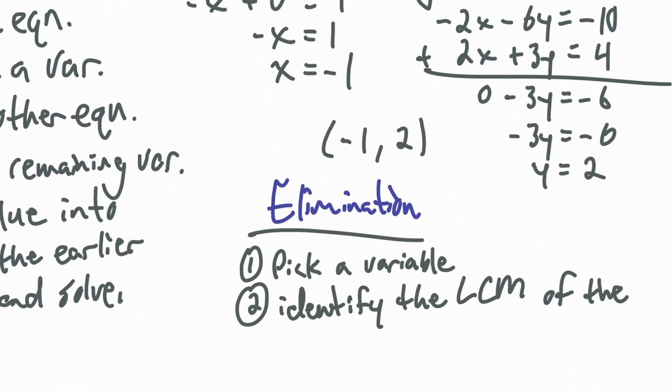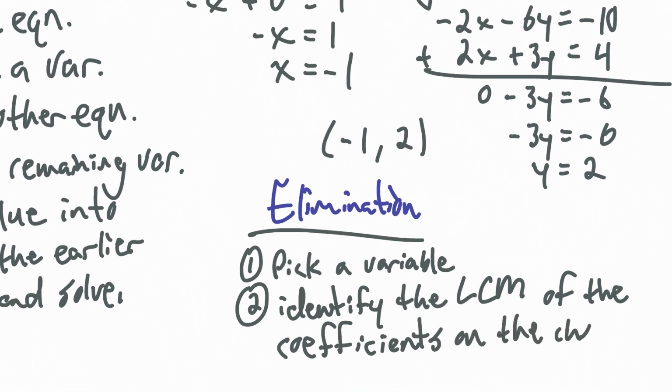Each equation will have one coefficient for that variable. So identify the least common multiple of the coefficients. And this is all assuming that x and y are both on the left side of the equal sign. If they're on opposite sides, this changes things, but I'm just assuming that. Identify the least common multiple of the coefficients on the chosen variable.